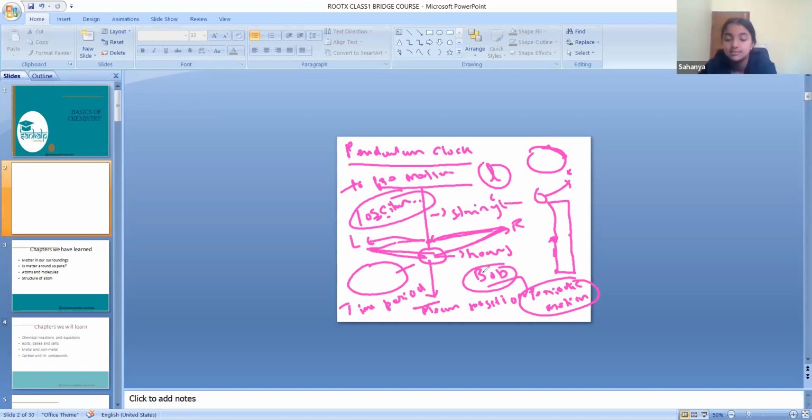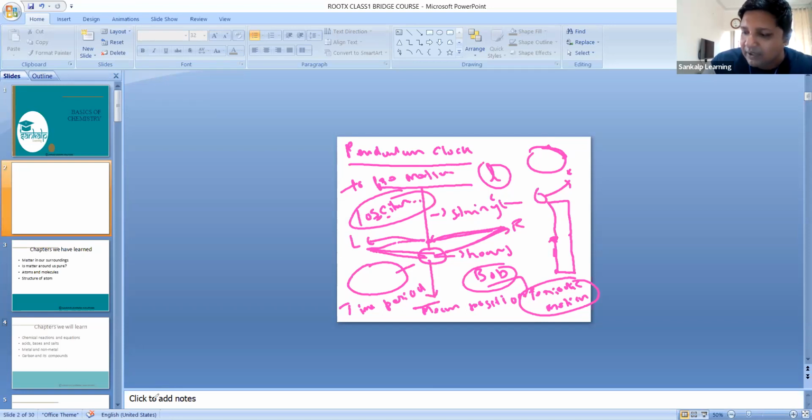Once you supply the energy, it will start swinging, and that swing is measured in terms of time period, which was used to calculate the time. So this is the fourth device.